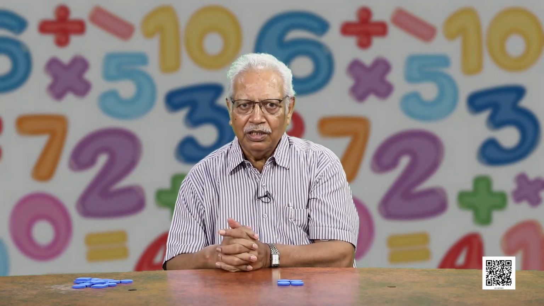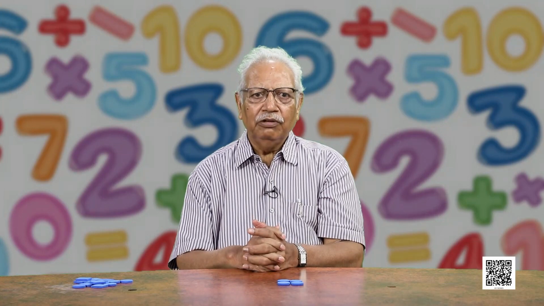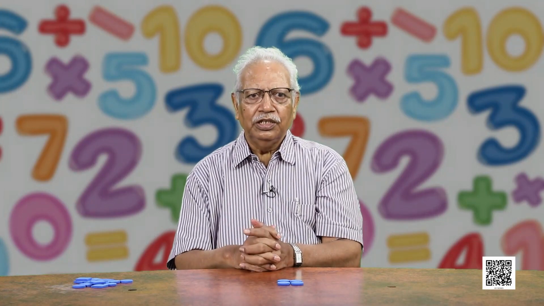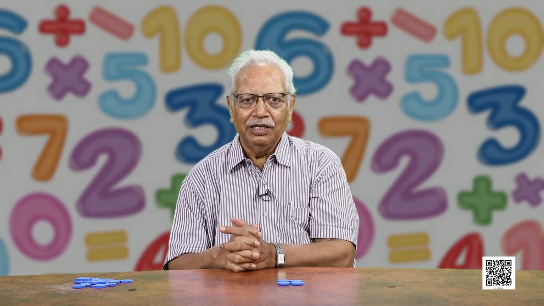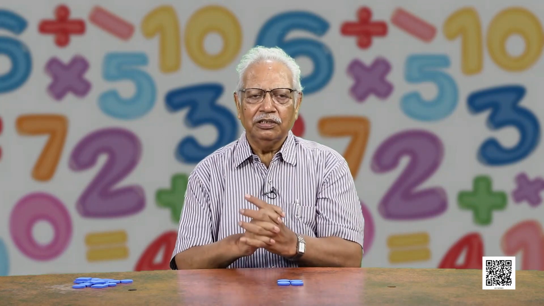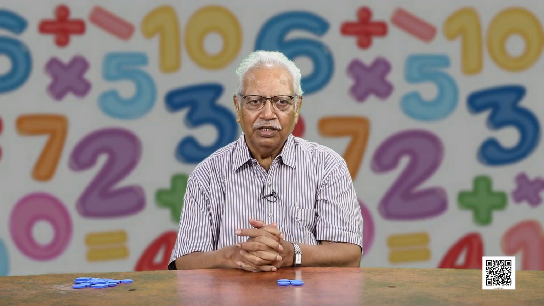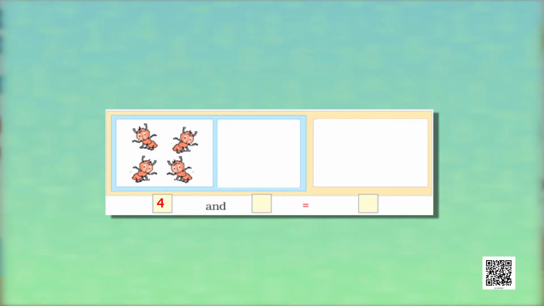And now, slowly what we are going to do is, instead of and, we are going to use another symbol, and that is the symbol of addition. For example, here these are 4 insects and 2 more insects join in.